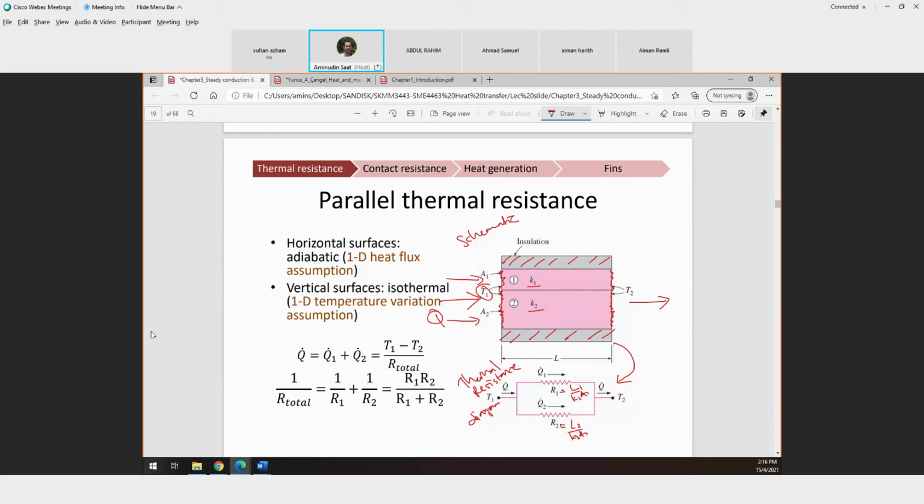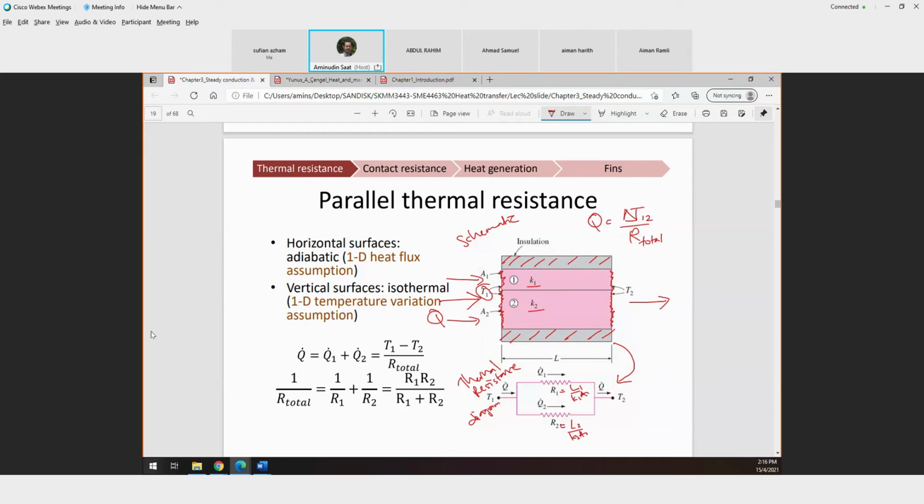In this case, let's say you want to calculate the total thermal resistance. Q equals delta T over R total, from 1 to 2. You can calculate this R total by combining the resistances due to the parallel arrangement.